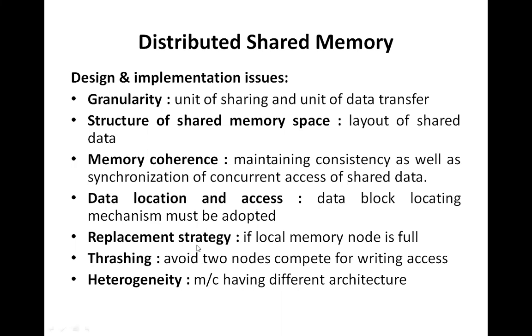Then replacement strategy: if the local memory or cache is full, how to make the replacement. And then thrashing, to avoid two nodes competing for write access, and heterogeneity, because the systems available in the distributed shared memory may not be homogeneous; they may be heterogeneous, with different kinds of architecture.